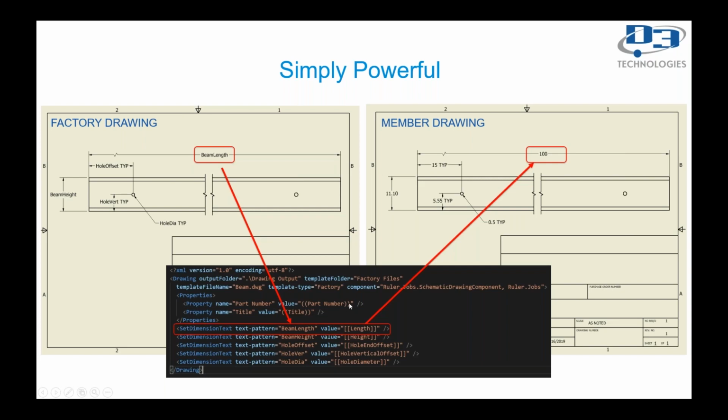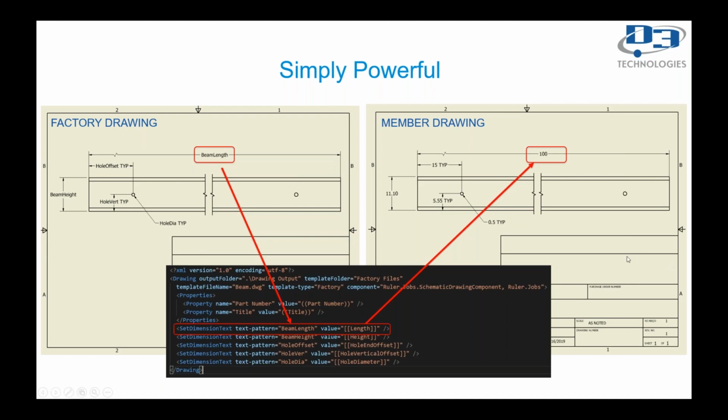And so now, instead of having charted drawings, we can have specific one-to-one configuration to drawing. On the shop floor, it says, here's the shop order number, here's the configuration, here's the drawing with all the dimensions on it. And it's all spawned from this generic factory drawing. And just a little side note here, in our XML markup, the double parentheses means an Inventor property, and the double brackets means an Inventor model parameter.